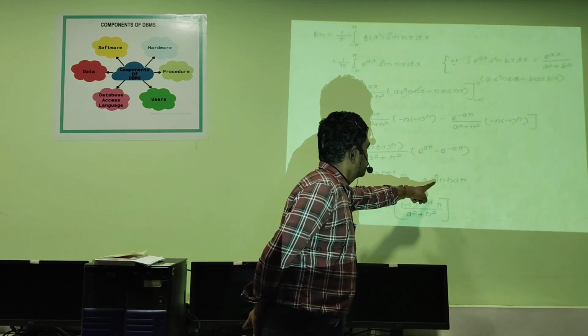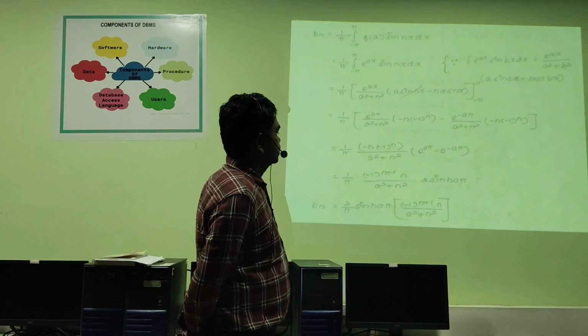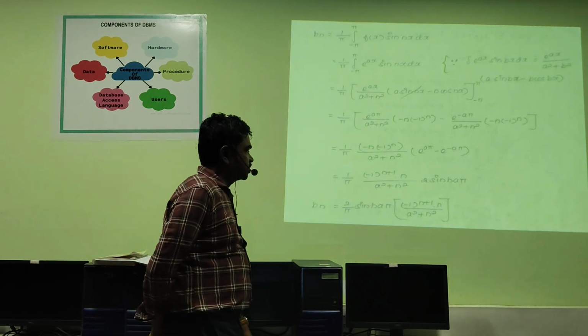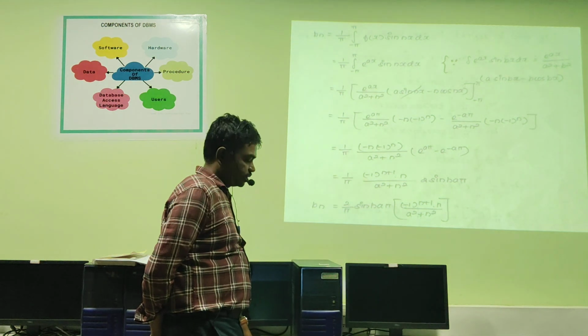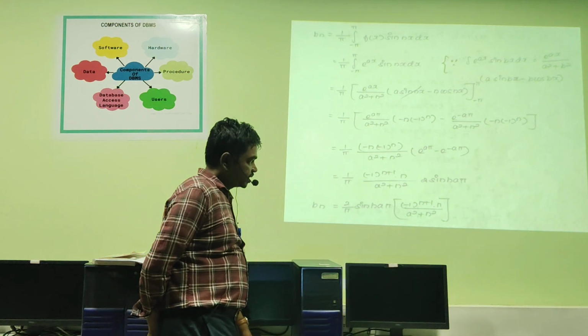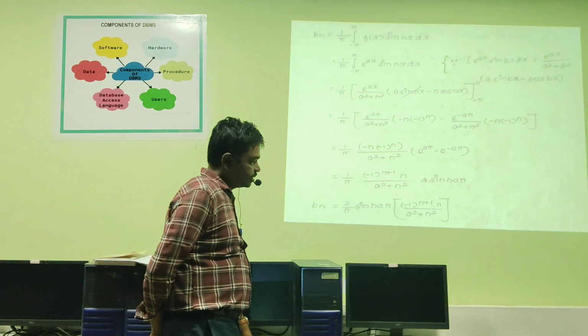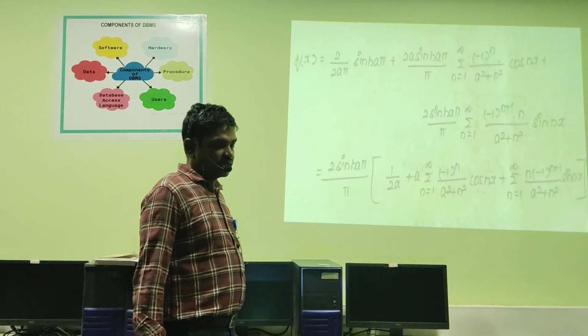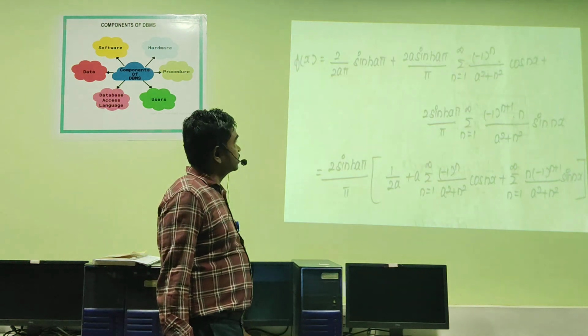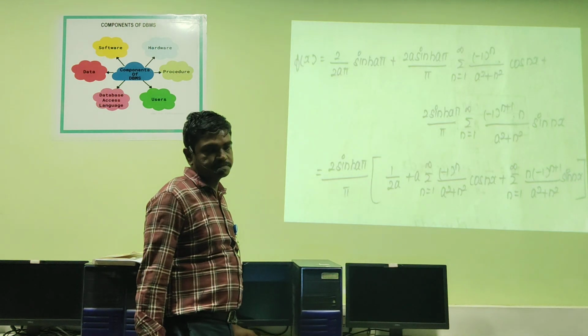So the b_n value is (2/π) sinh(aπ) times (−1)^(n+1) n / (a² + n²). So we have now found a_0, a_n and b_n, and we can substitute them in the Fourier series formula.